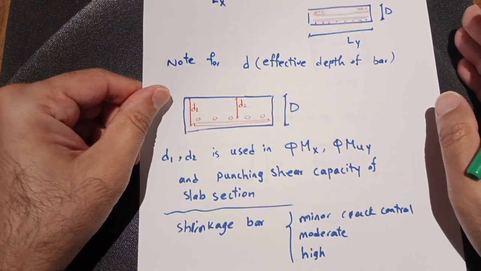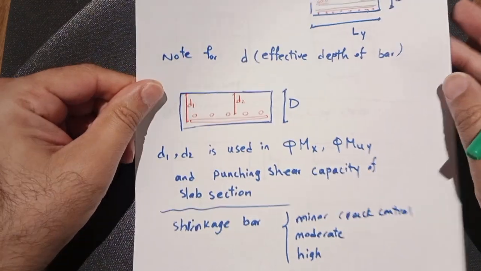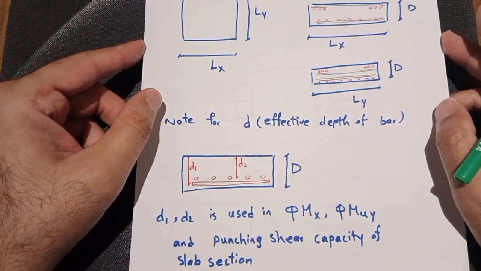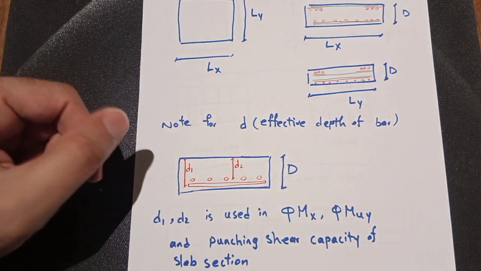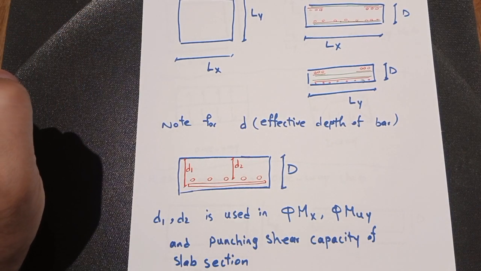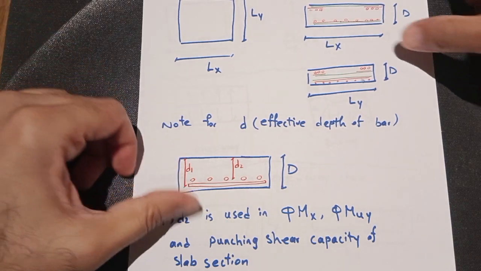That's all for one-way and two-way slab. Just remember, you will have different regulations for moderate, minor, and high crack control in different standards, but their general rules are the same.